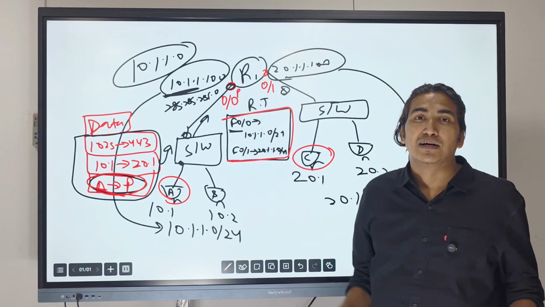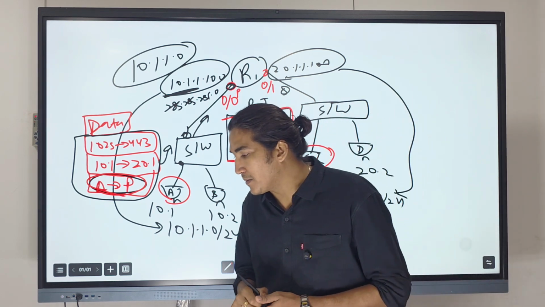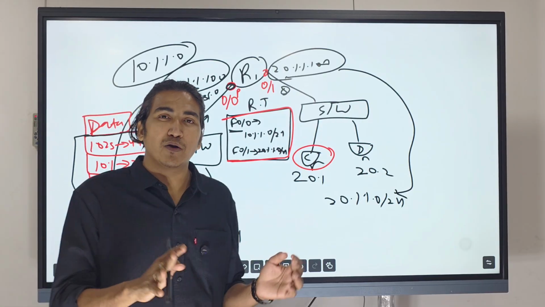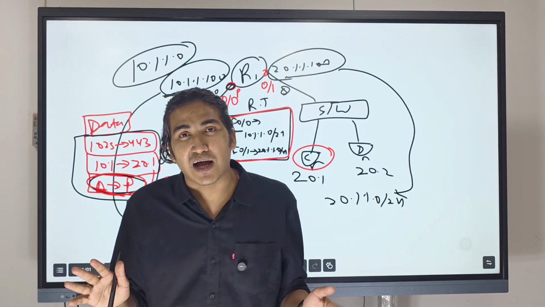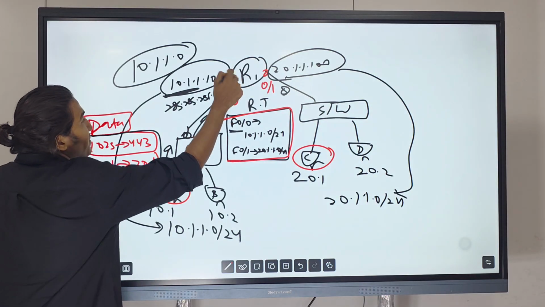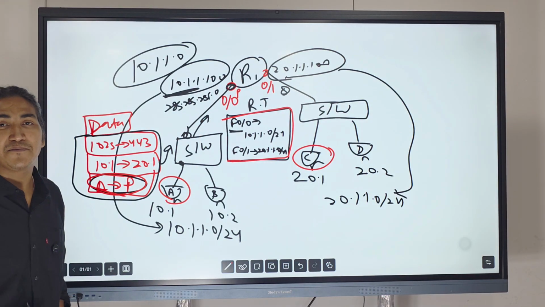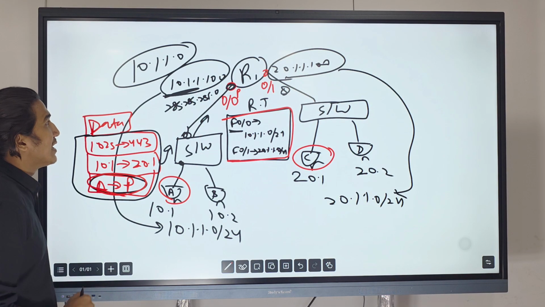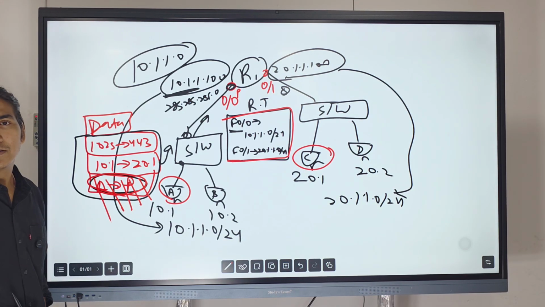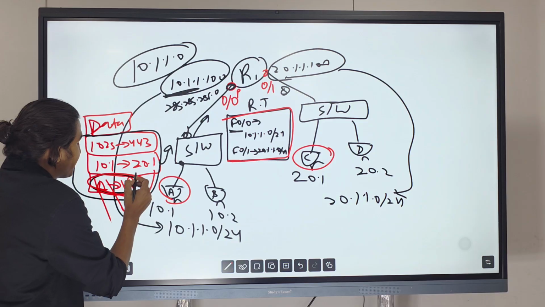On the router, the destination MAC address should be the MAC address of the router receiving interface or broadcast, then only it will accept, otherwise it will discard. So destination MAC is P, you can see, which is the MAC address of the router receiving interface. It will accept at layer 2, and now the router is going to remove the layer 2 header, and it will check layer 3 information.